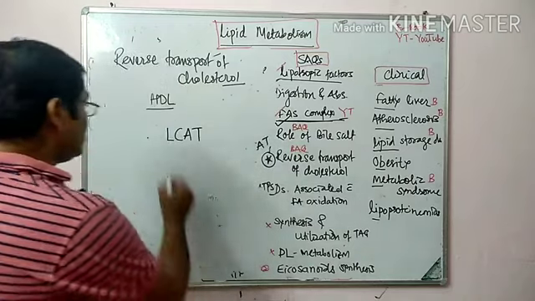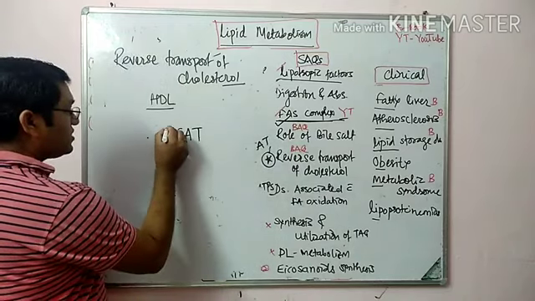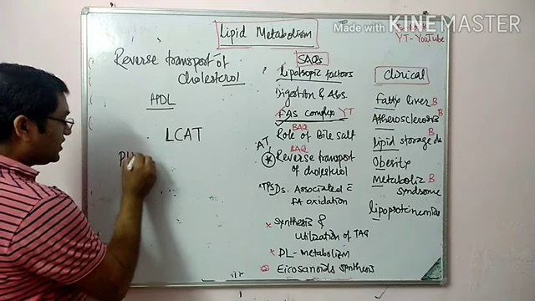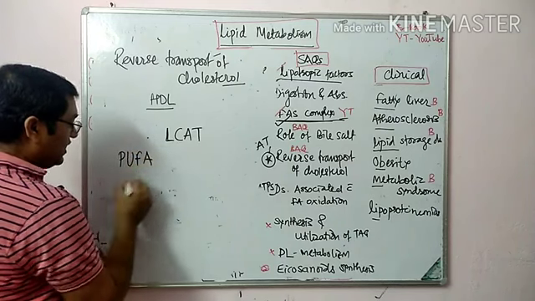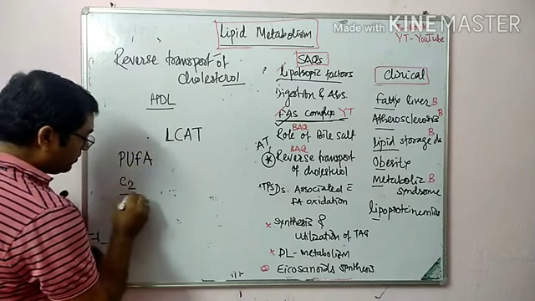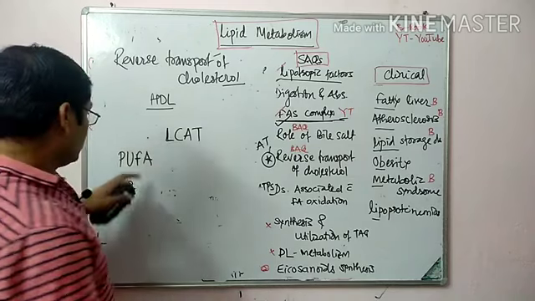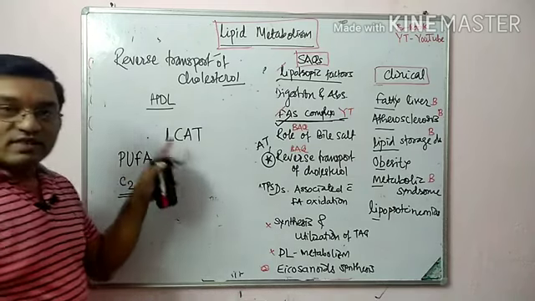LCAT, lecithin, it has PUFA, polyunsaturated fatty acid, at the C2 position. Lecithin is a phospholipid.